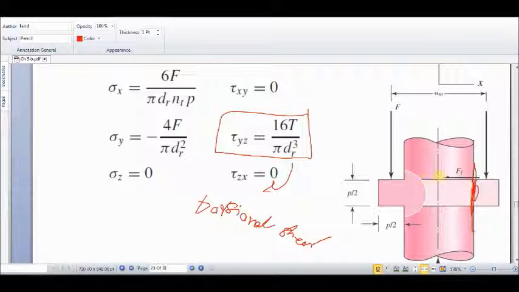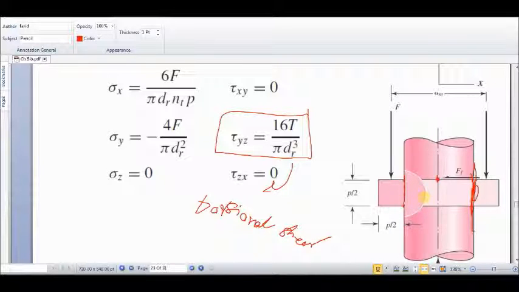If we consider the distribution of the compressive stress on the body to be uniform, that means from here to the outer surface the distribution is uniform, so the stress at the center and at the outer surface is the same. Again, we have this compressive stress at the outer location of the body, or at the root of the thread.